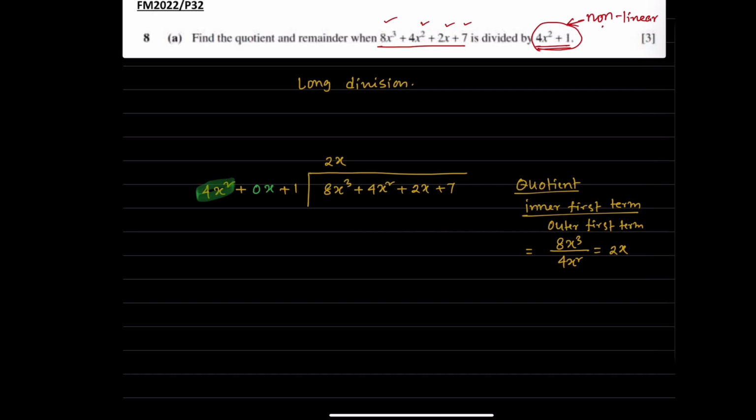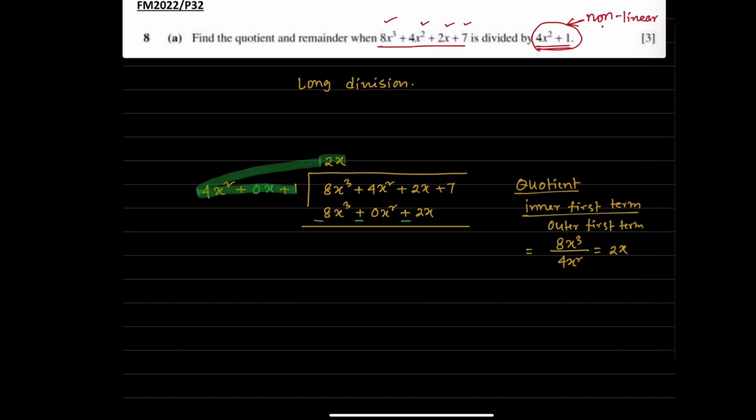Then the second step is to multiply this with the whole divisor. If you multiply, we get 8x cube, then 2x times 0 is 0x squared, then 2x times 1 is 2x. Put your line down, and then write minus, minus, minus.